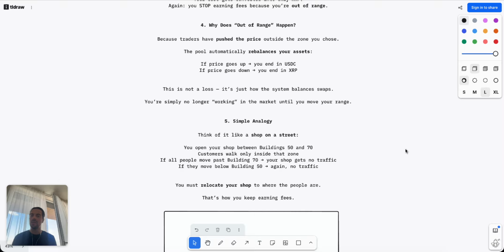But then for the price to go out of range is very simple. When it goes out of range, you have to relocate the shop, so to speak, change the range, right? Which locks in your initial deposit values. So if you make the range very small, you will get high yield, but you will be required to do very active management because the position might go out of range very quickly.